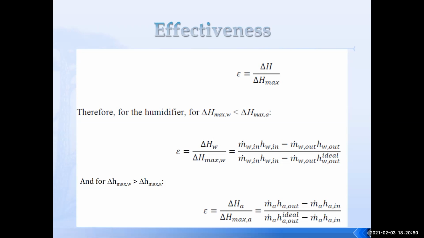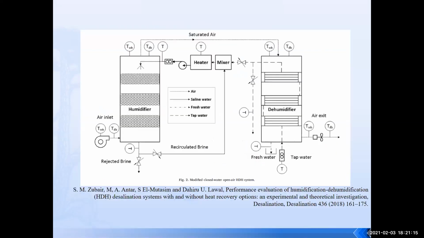But according to the definition, you find yourself in the middle of a problem where the effectiveness of the humidifier was higher, and then it changes in the middle of the problem. You can find that the temperature effectiveness of the water side has increased, so you switch directly from here to there. That was something that we were not very comfortable with from the physics point of view. But that was the only definition that we had, and we had to live with this.